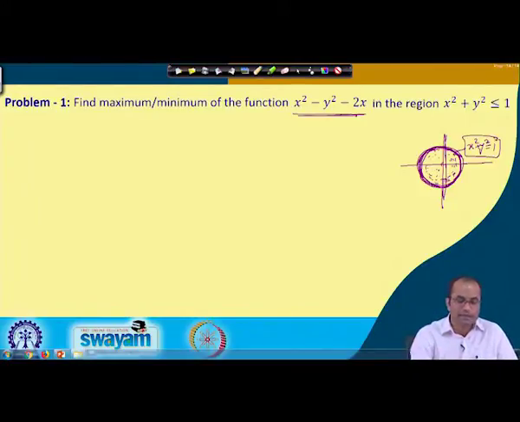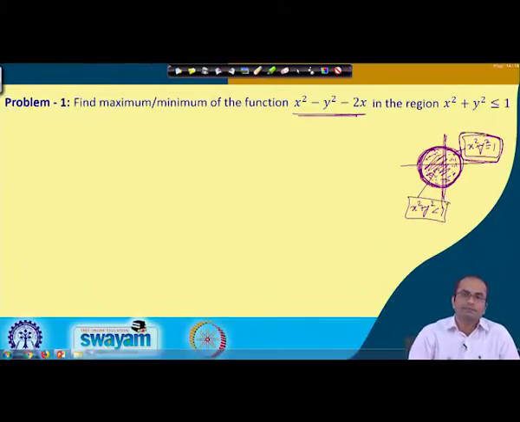We will find the critical points of x square minus y square minus 2 x inside this domain, and then on the boundary, that means with the restriction x square plus y square equal to exactly 1, which is the problem we have discussed, using the Lagrange multiplier. When we talk about the inside of this domain, that means x square plus y square is strictly less than 1, so our domain is open here.